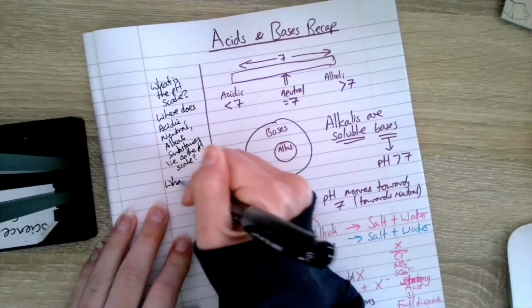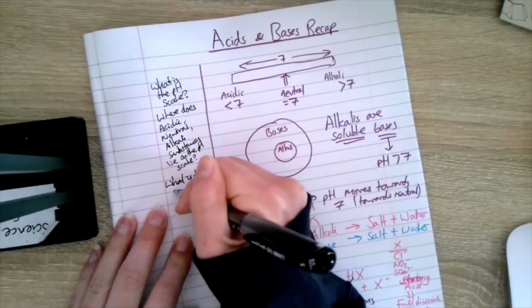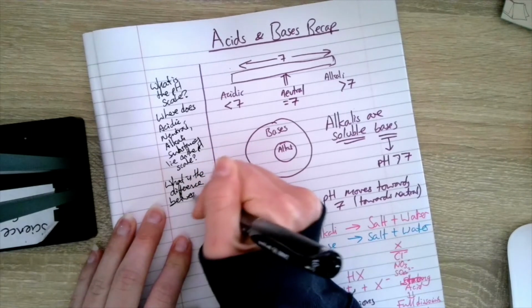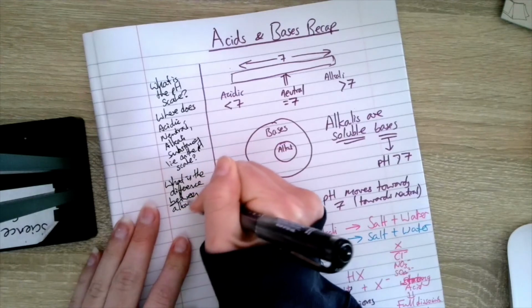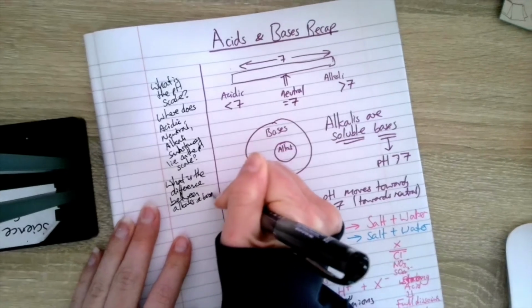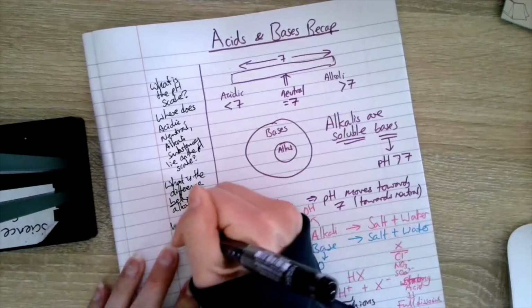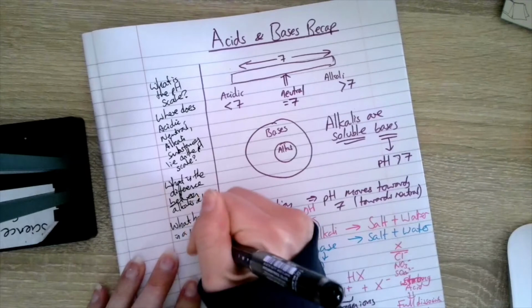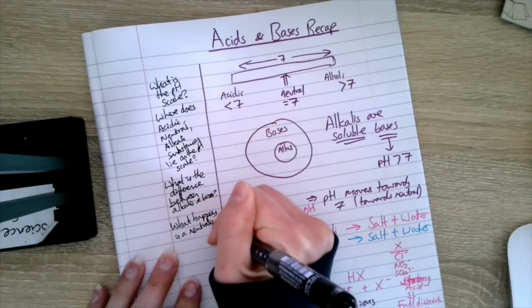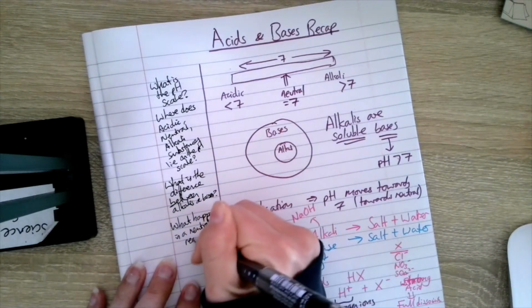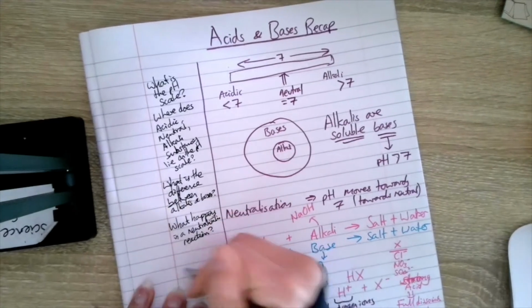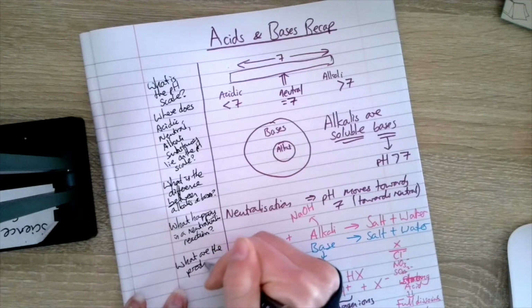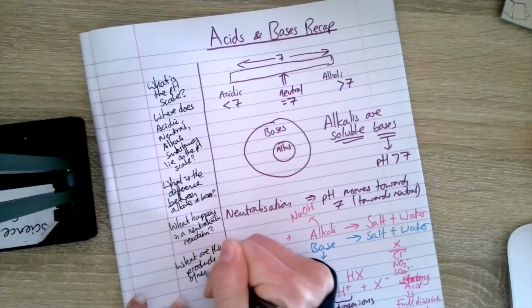And what is the difference between alkalis and bases? What happens in a neutralization reaction? What are the products of neutralization?